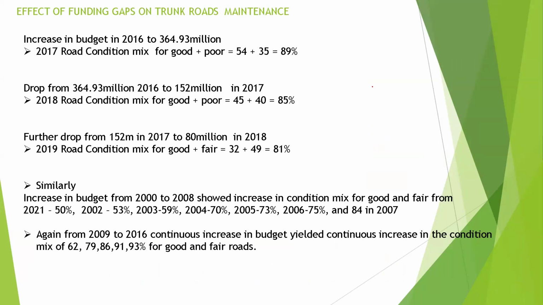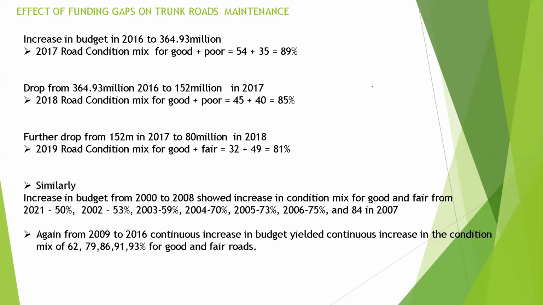When you conduct a road condition survey for a particular year, in effect, you are examining the performance of the maintenance activities you rolled out in the previous year. For example, if I do a road condition survey for 2024, I'm looking at the performance of the network in 2023. So the maintenance activities that were done are what I'm trying to assess.